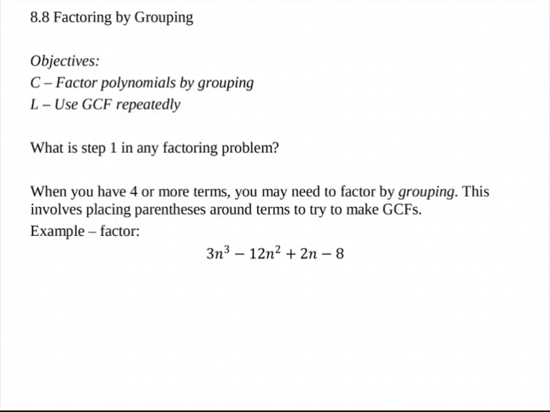So factoring by grouping happens when we have more than just a trinomial. So when we have more than three terms, like four terms, which is what you see already on this screen. So we're going to be using GCFs repeatedly to be able to factor by grouping.